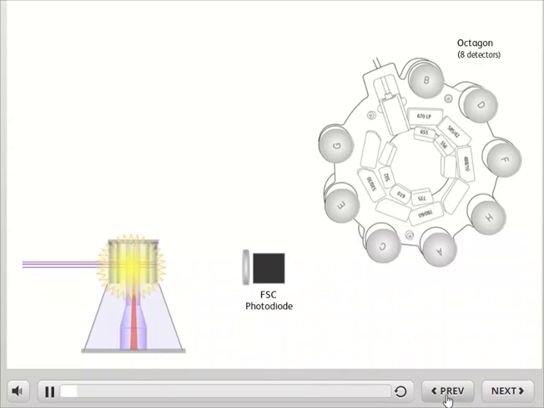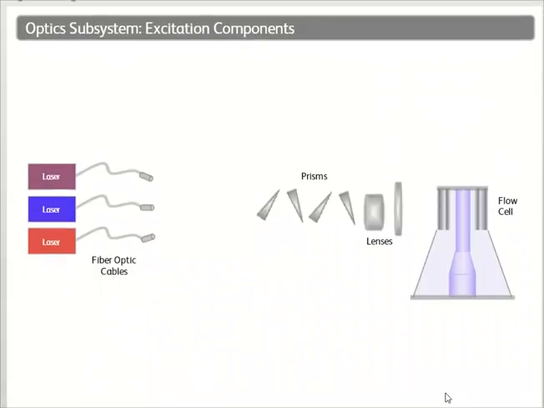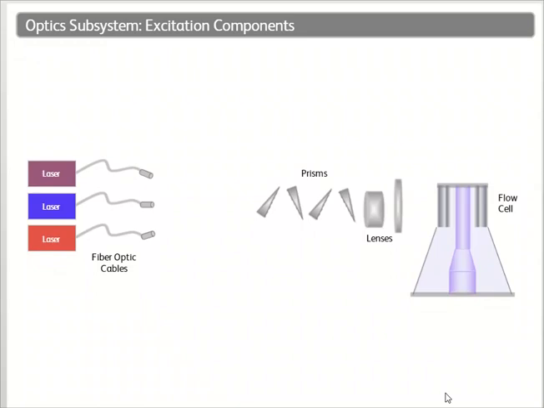The optics subsystem consists of excitation and collection components. The excitation components include lasers, beam-shaping prisms, and lenses to route the laser beams to the sample core.